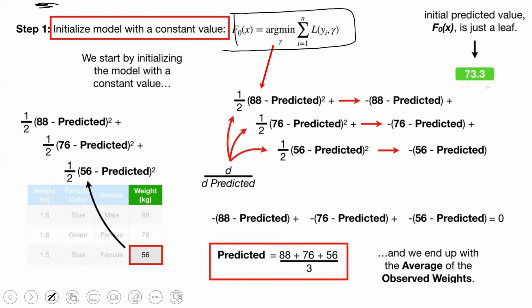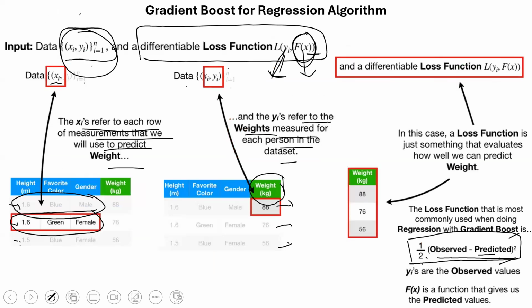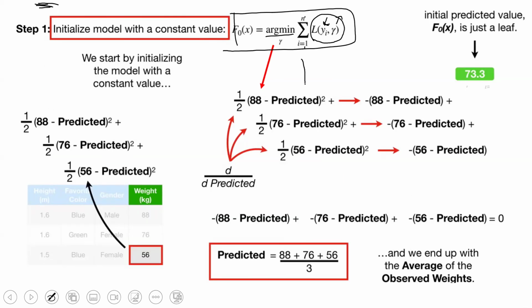The initial value is arg min over gamma of the sum for i equal to 1 to n of the loss function. yi is the observed value, and gamma is the predicted value. f of x is turned to gamma there. f of x is the function that gives the predicted values, and gamma is that particular function.